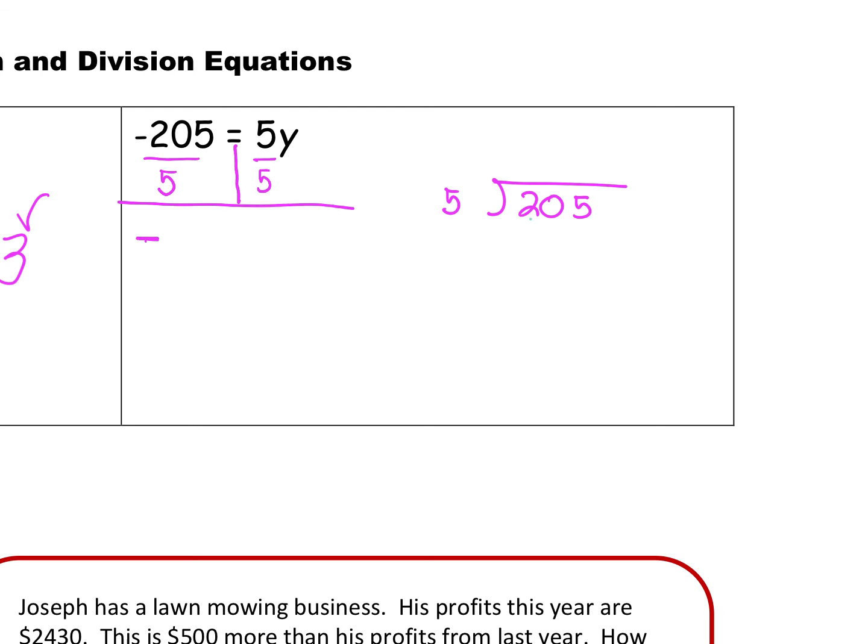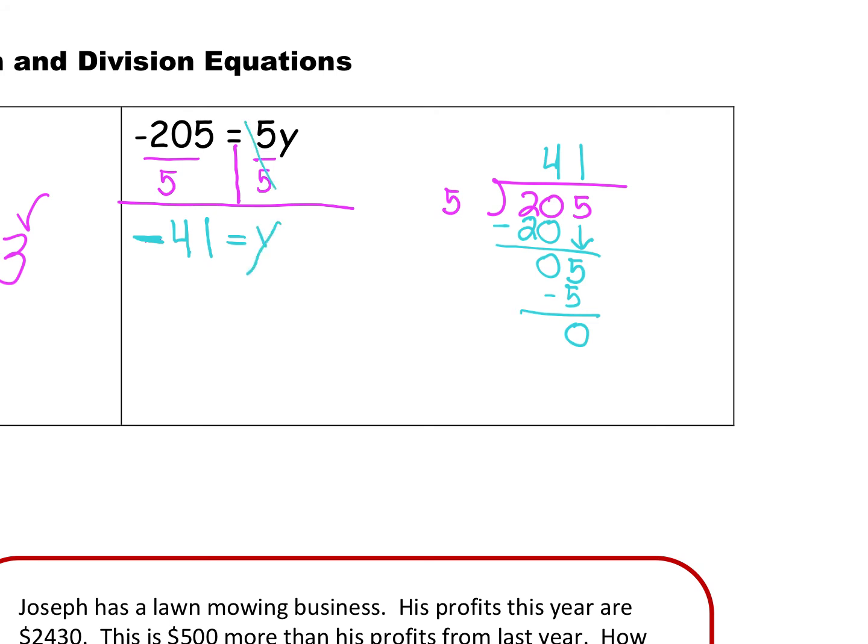So 5 doesn't go into 2, but it goes into 20 4 times. Bring down the next number, and 5 goes into 5 one time. 1 times 5 is 5. And that gives me a solution of 41. Now I've already written in the negative because it was a negative divided by a positive. So that is a negative 41. 5 divided by 5 is positive 1.